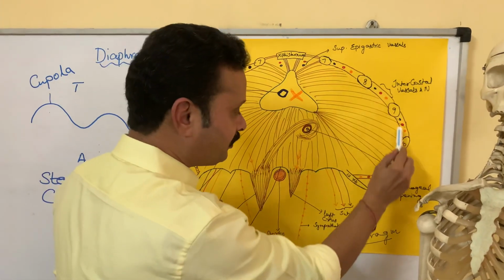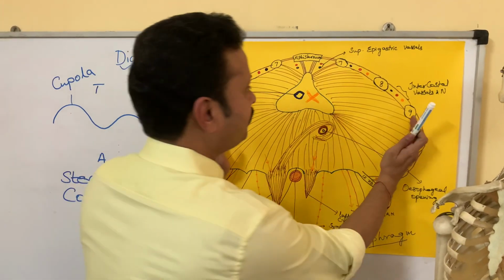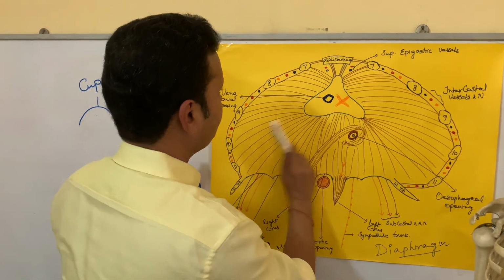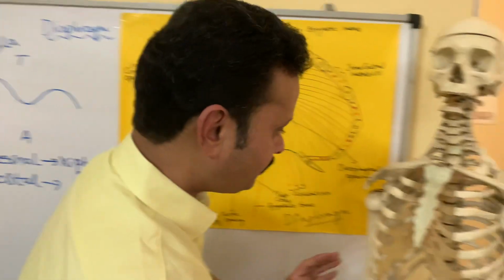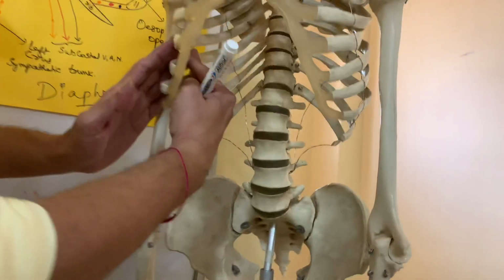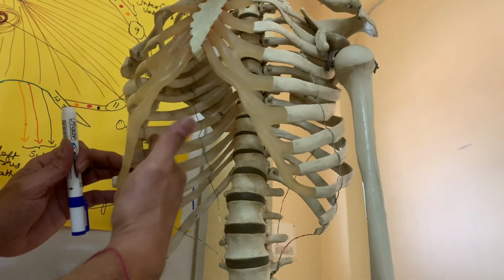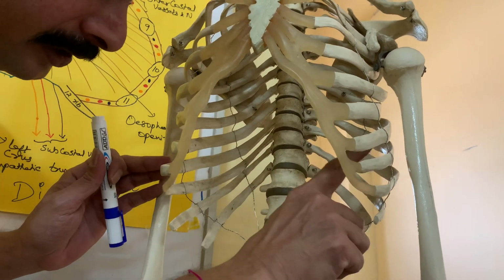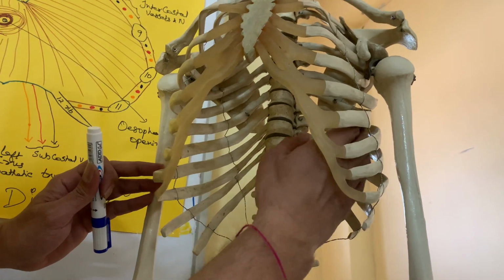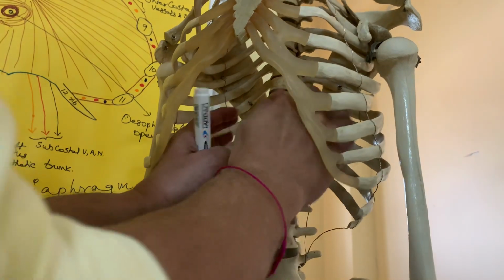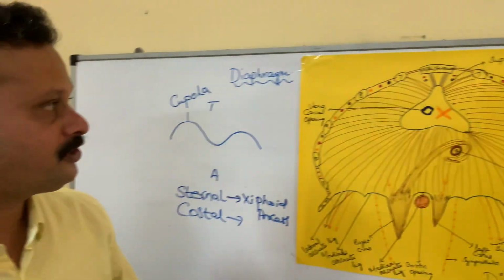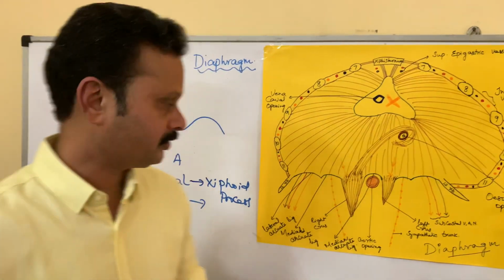So from the inner surfaces of these lower 6 ribs, these are the muscle fibers which are taking origin. Clear? So from the 12th, 11th, 10th, 9th, 8th, 7th, from here till here, it is taking origin from the inner surface of the lower 6 ribs, the costal origin.